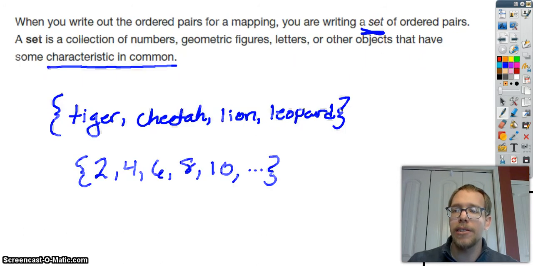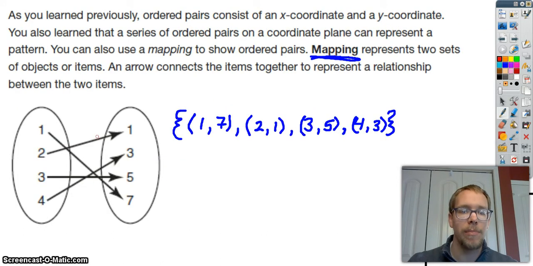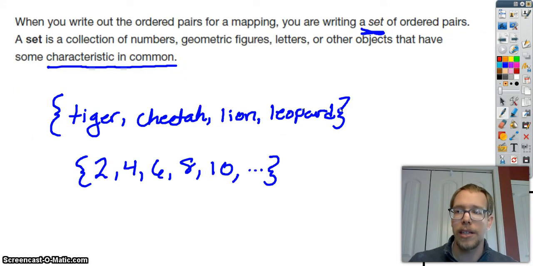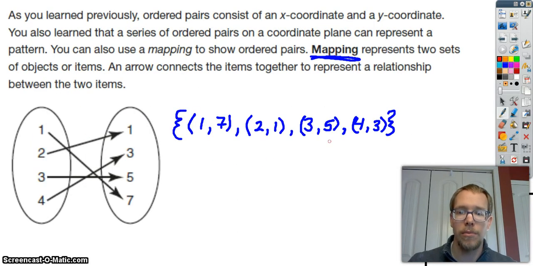And if you go back here, we have this mapping, and this mapping represents a relation. It's a mapping of one set of inputs onto another set of outputs. So that mapping represents a relation. Now the first coordinate of an ordered pair in a relation is the input, and the second coordinate is the output. So if you go back and take a look here, we have our set of ordered pairs, this relation here, and we have our inputs and our outputs.